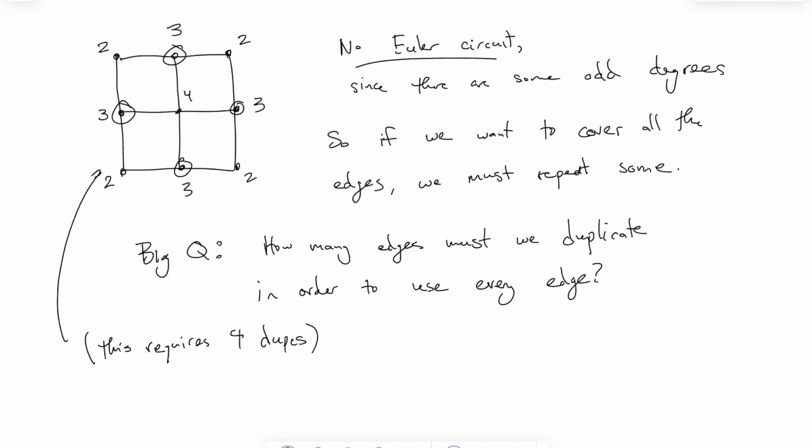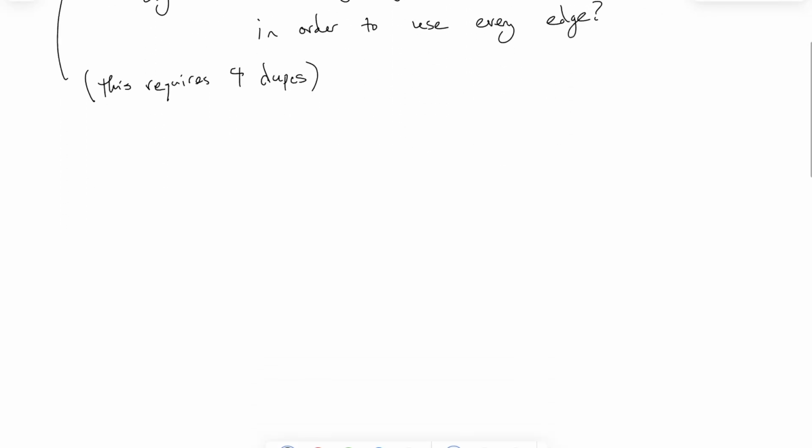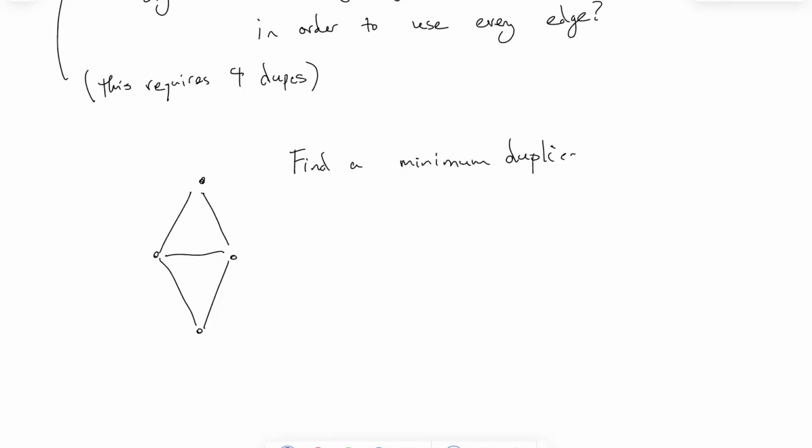All right, so we'll come back to that example. I want to look at an easier one. How about this, just a smaller graph and a little easier to get a handle on. All right. There's a name for what I'm talking about here. The name for this is called minimum duplication circuit.